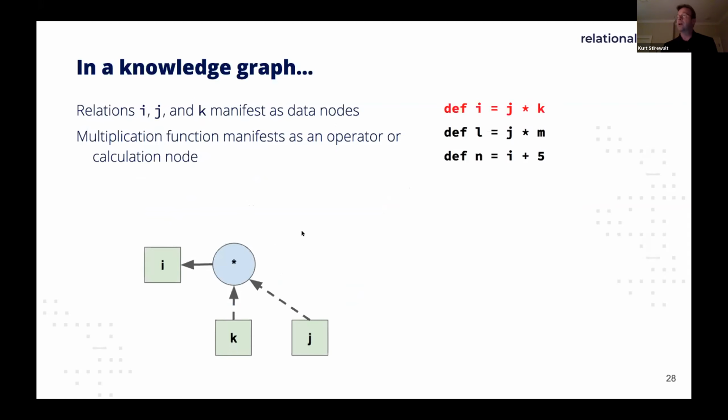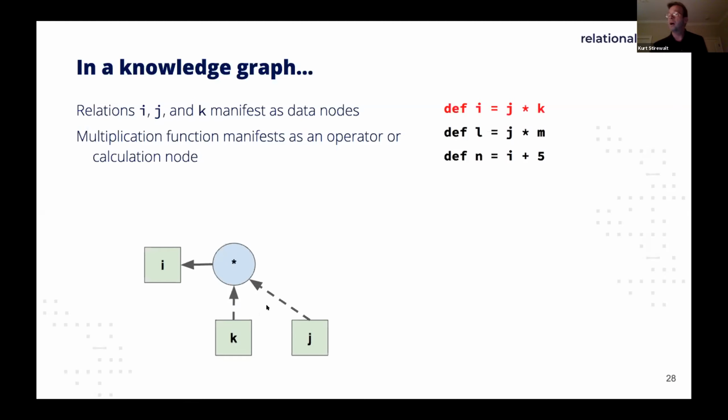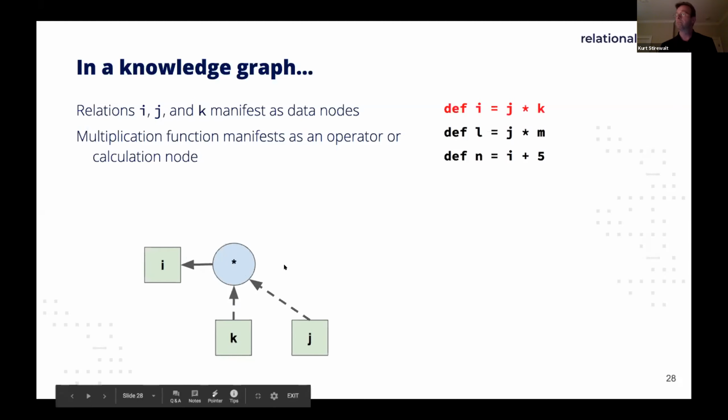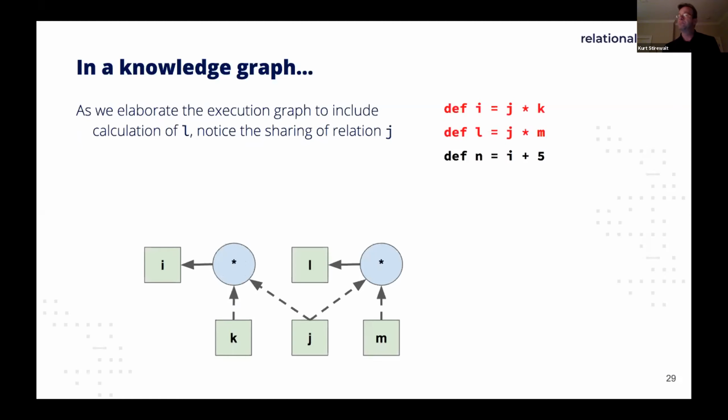Generally, in these diagrams, the data that are shown in green are relations, and you'll notice how data from those relations flow into and out of the blue nodes. Okay, and again, the blue nodes are constructed from rules. Now we add the second rule. Okay, and you can see I'm doing a little sharing there.